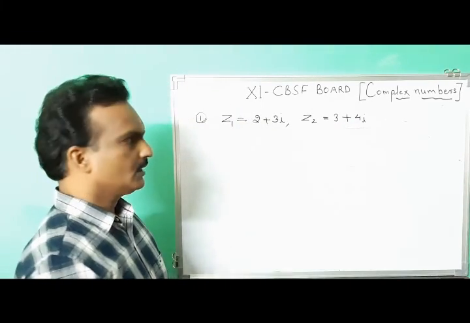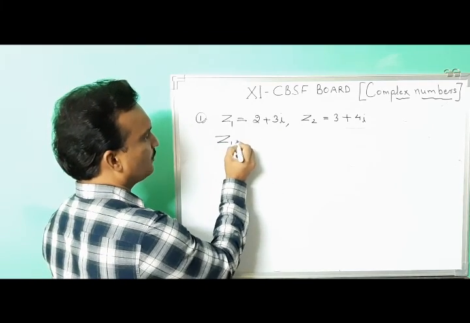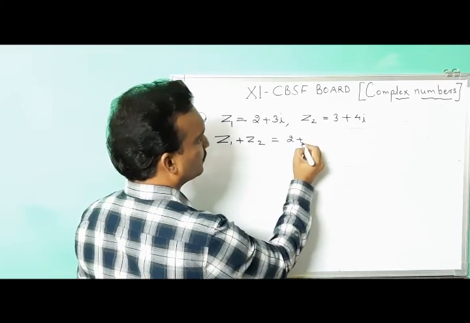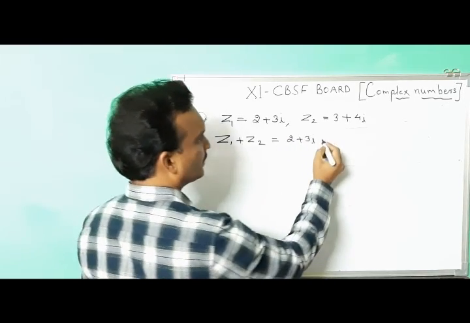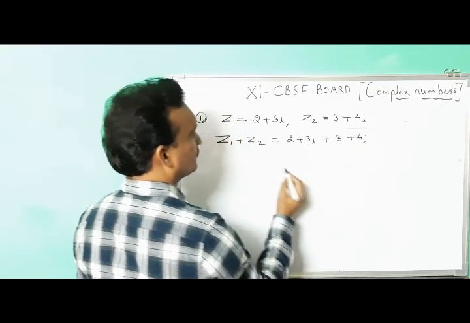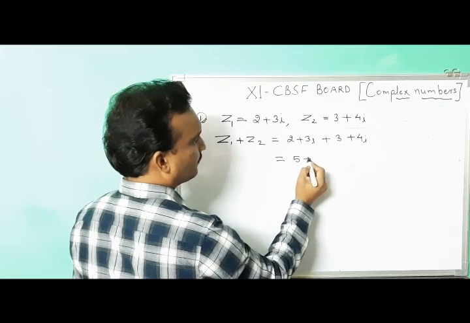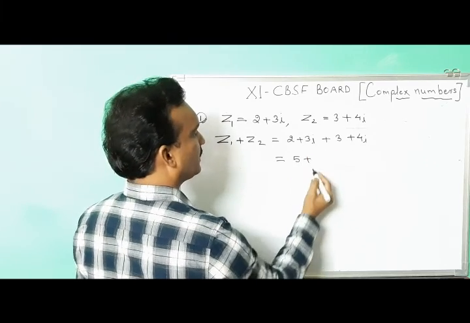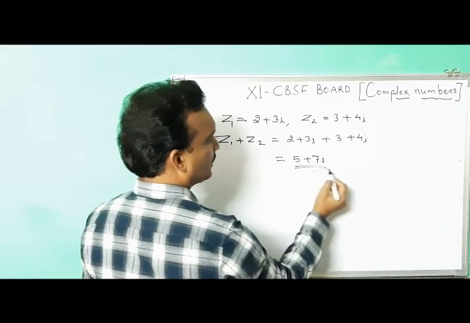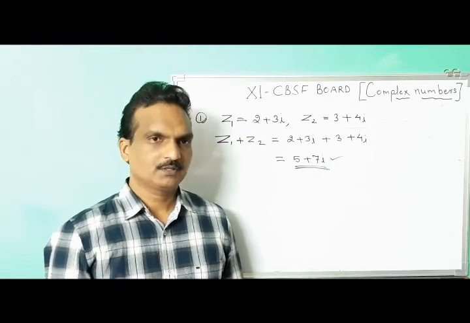Okay. Add these two numbers. z1 plus z2 equal to 2 plus 3i plus 3 plus 4i equal to 2 plus 3, 5, and 3i plus 4i will give you 7i. So this is also a complex number, 5 plus 7i, right?